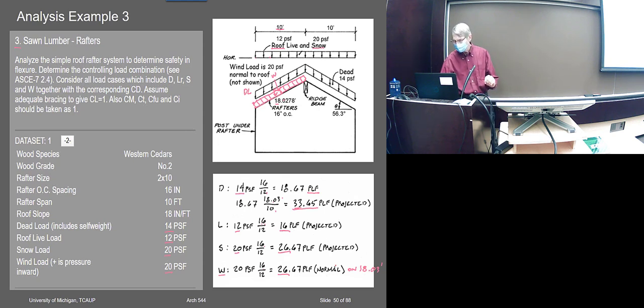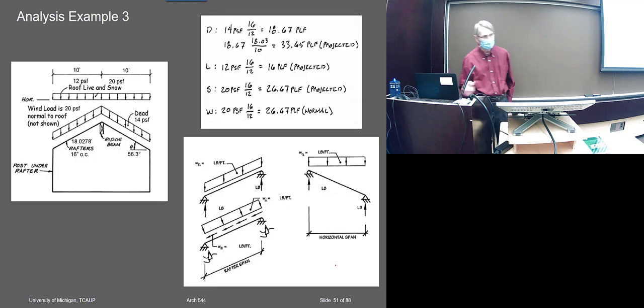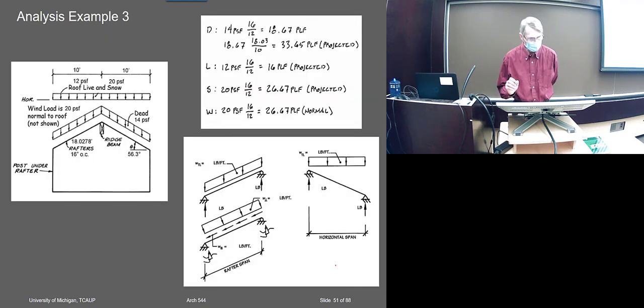I can look at the moments that each of those will produce. And again, just to reiterate, this was the dead load, and we converted it to that. This is the snow load and the roof live load, and this would be the wind load. For the wind, it would only have this.